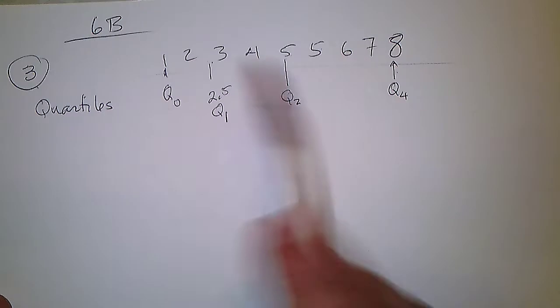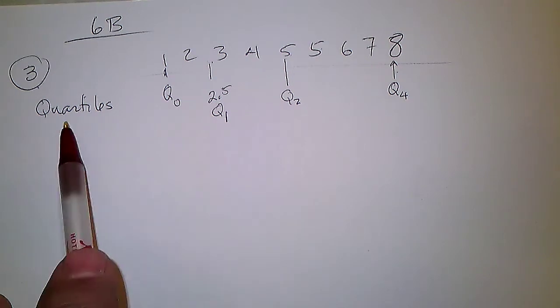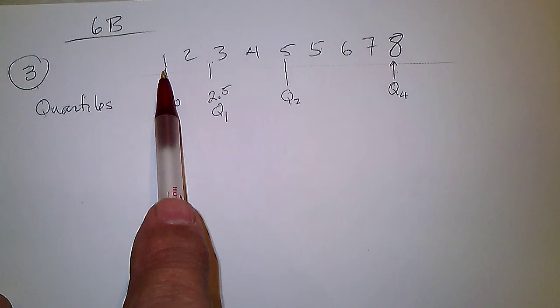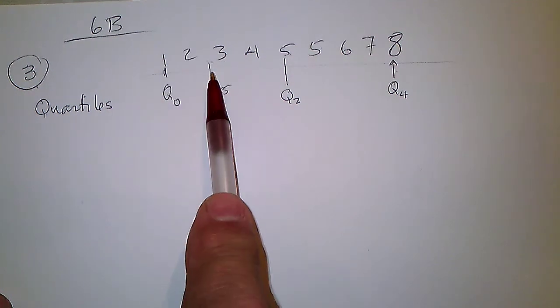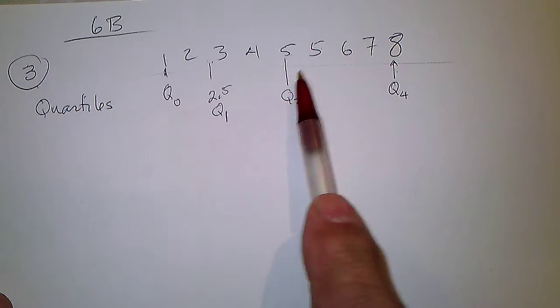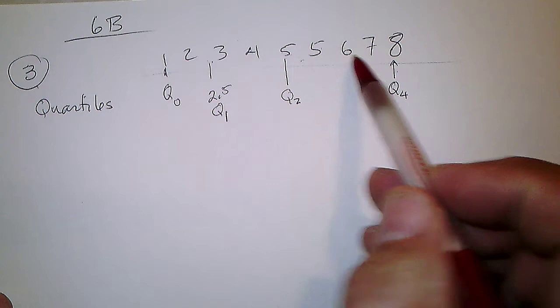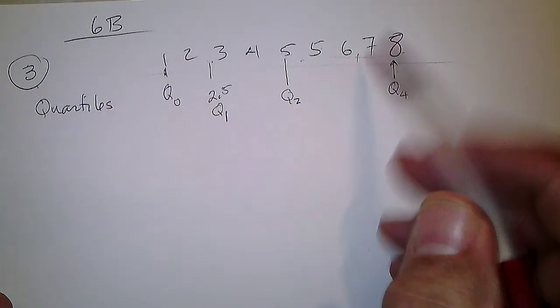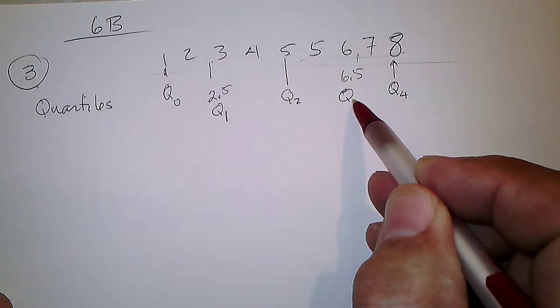Why did we have the quar? That means quarter. We're splitting the data into 4 equal parts, from the lowest to the first quarter, from the first quarter to the second quarter to the third quarter. Since we don't count the 5, for these 4 it'd be between 6 and 7. 6.5 would be the third quartile.